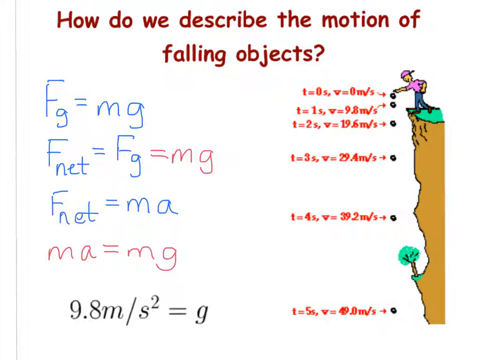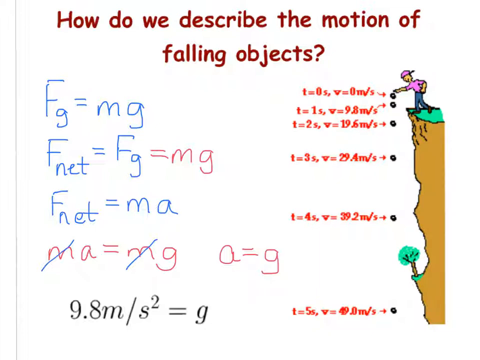I can show this mathematically simply by saying if the net force is equal to the gravitational force, then in this situation, the net force equal to the gravitational force is also equal to mass times the gravitational field strength, mg. And if my net force is equal to mg, my net force is also equal to ma, then mg must be equal to ma, right here. Mass cancels out on both sides, and I am simply left with a equals g.